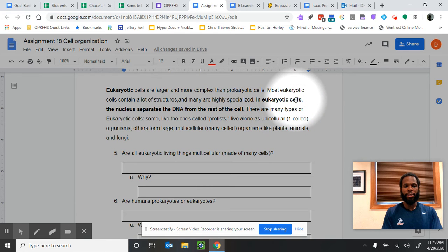In eukaryotic cells, the nucleus separates the DNA from the rest of the cell. There are many types of eukaryotic cells. Some, like the ones called protists, live alone as unicellular or one-celled organisms. Others form large, multicellular, many-celled organisms like plants, animals, and fungus.